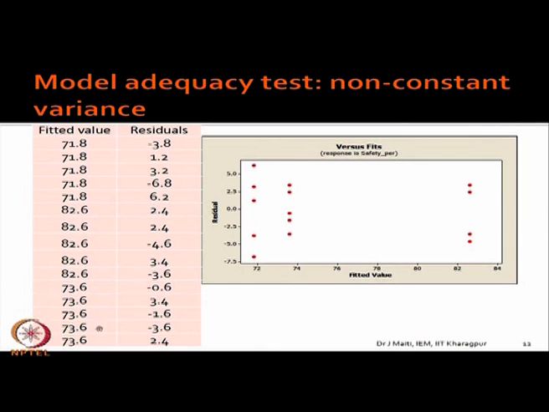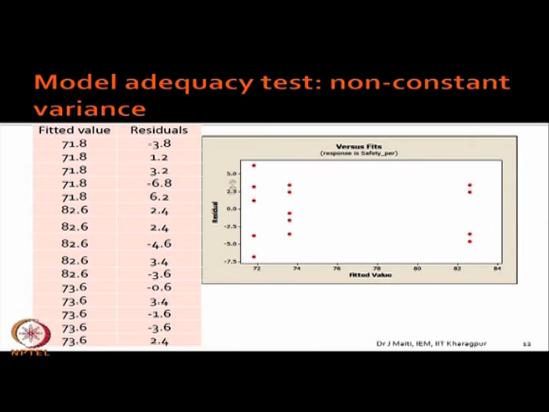These are the fitted values, and the residuals you have already computed. So, now you plot the residuals against the fitted values. Are you getting any difference in variability? I think the first one has a little difference, because this is the mean value 71.80, and across this mean the variability is a little higher compared to the other two, but these two are almost equal.